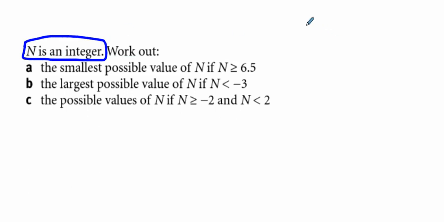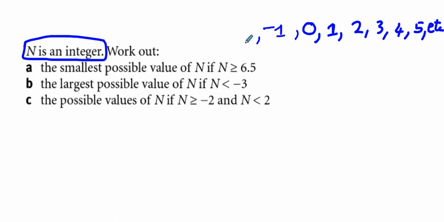An integer is a set which contains numbers like 0, positive numbers like 1, 2, 3, 4, 5, etc. Also, an integer is a set of numbers which also include the negative numbers, -2, -3, -4, -5, etc. You see that?